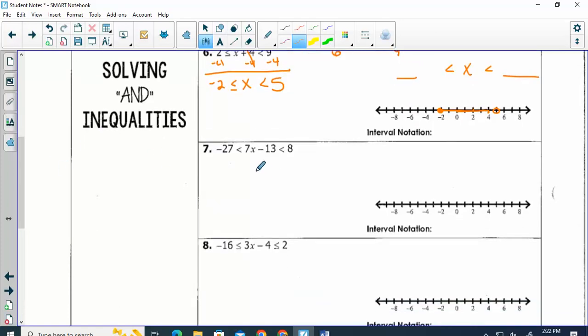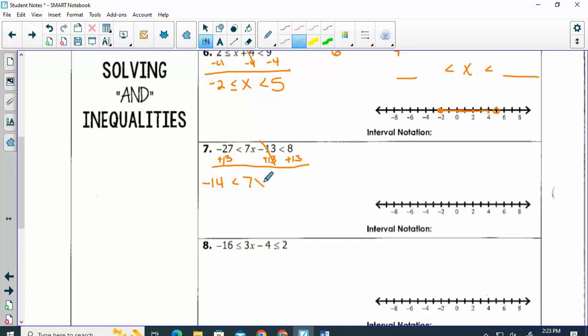Let's look at number 7. So on number 7, what would I do on this one? We want to get the x. Add 13. Yeah, so have the x by itself, so add 13 to the middle and both ends. So negative 27 plus 13 is negative 14.